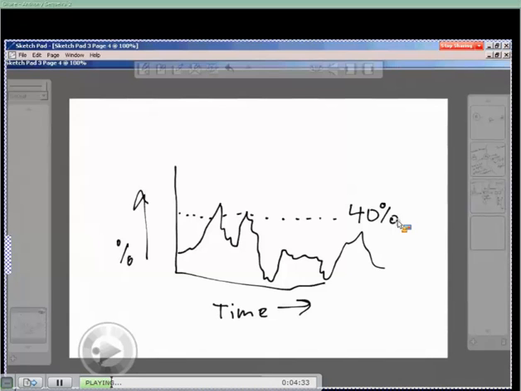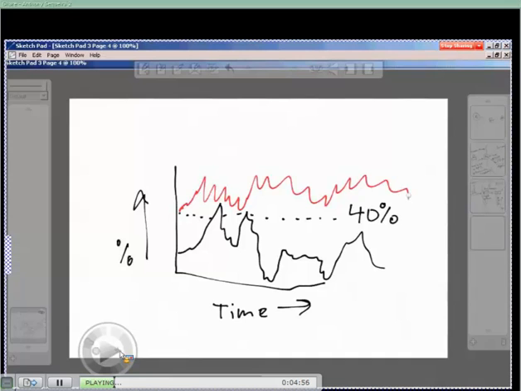Notice we could go over the 40%, of course we could, but we're not running at a sustained 40%. So let me grab a different color here. We don't see a utilization graph that looks like this, where we are consistently sustained at 40% or above.